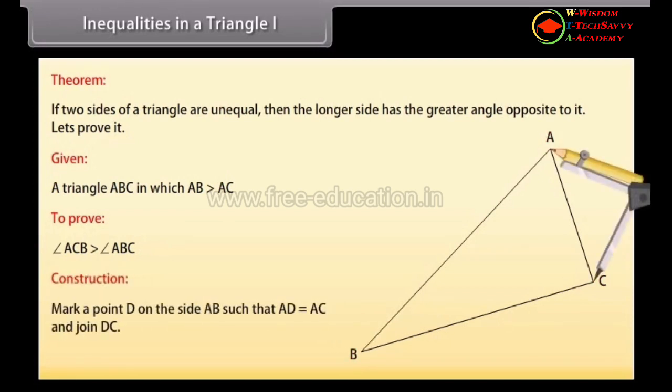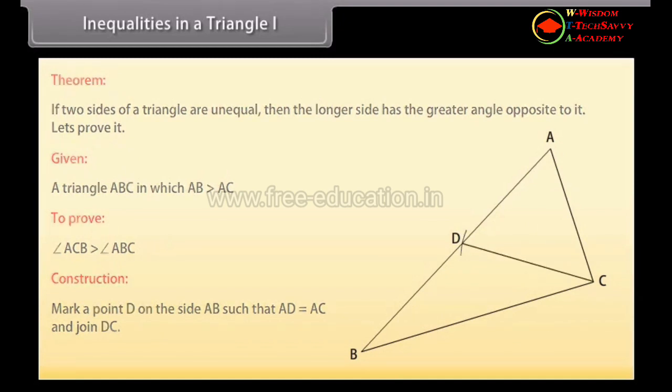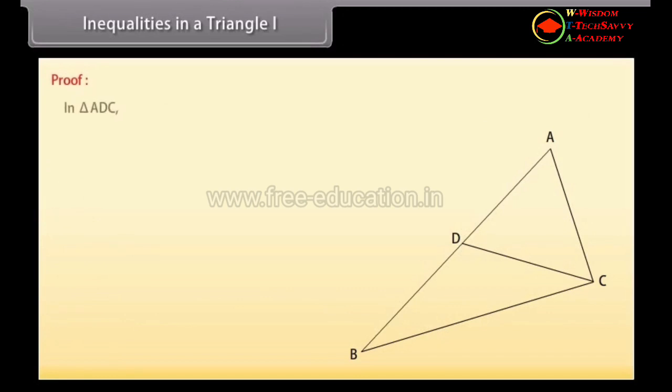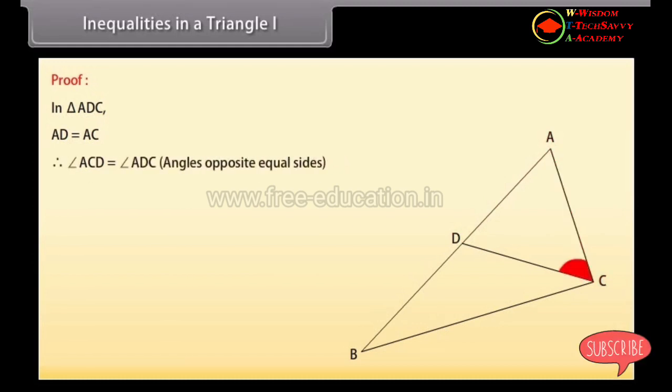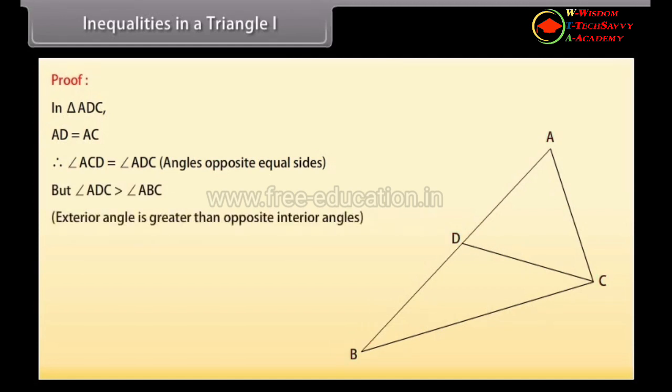Construction: mark a point D on the side AB such that AD is equal to AC and join DC. Proof: in triangle ADC, AD is equal to AC. Therefore, angle ACD is equal to angle ADC because angles opposite equal sides of a triangle are equal. But angle ADC is greater than angle ABC because an exterior angle is greater than the opposite interior angle.